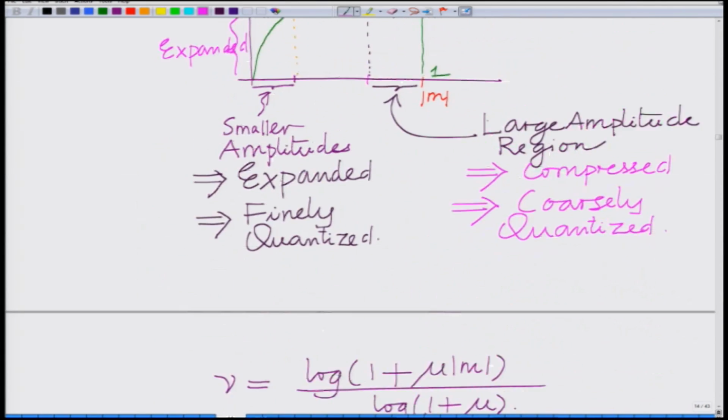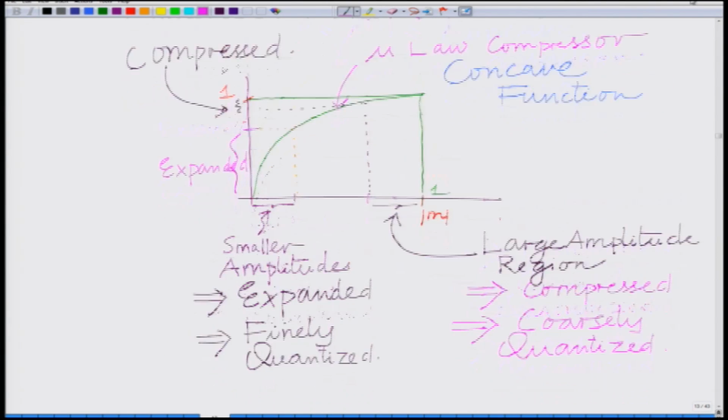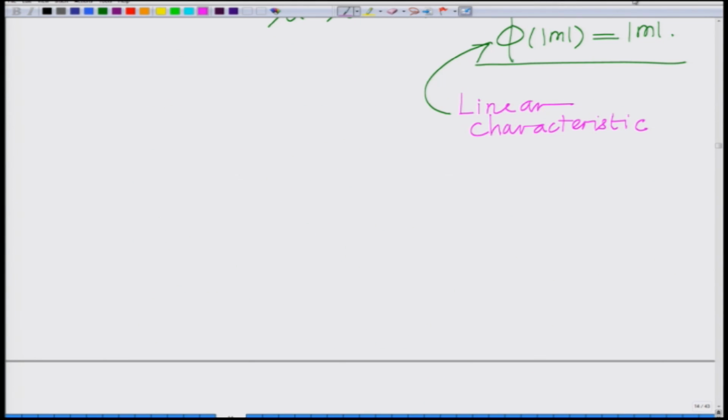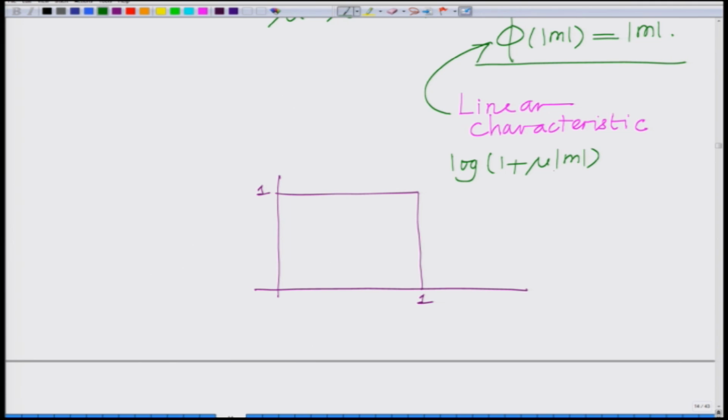Therefore, if we plot this again in this box, we are plotting log of 1 plus mu magnitude m divided by log of 1 plus mu.